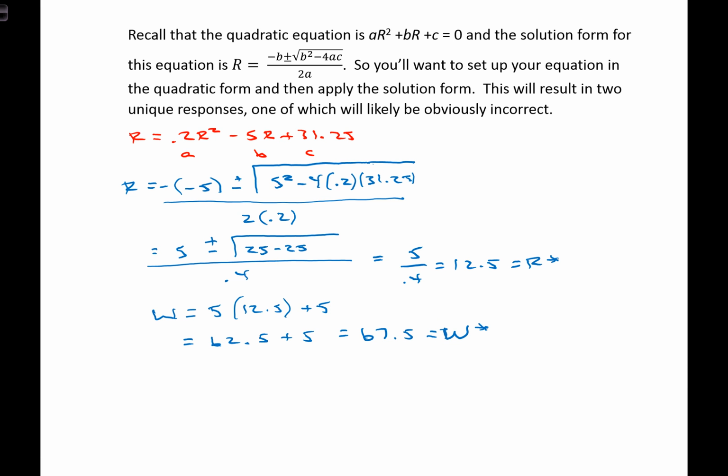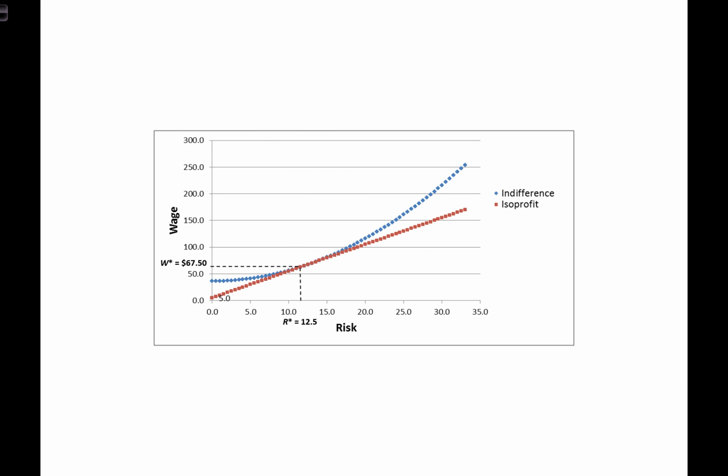So we now know that our equilibrium values of R and W are 12.5 and 67.5 respectively. If you think about what that's going to look like in a graphic form in wage and risk space, we have wage at 67.5 and R star, or risk, the equilibrium level at 12.5.